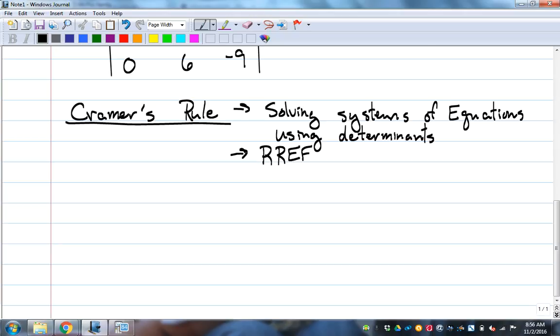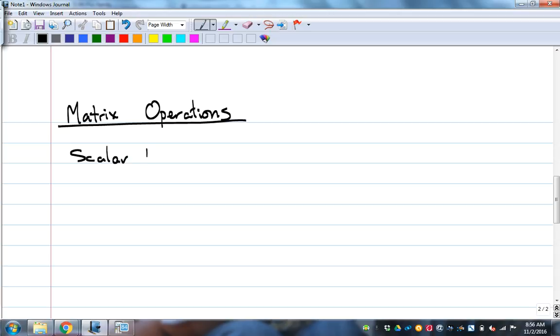All right. Now let's look at some matrix operations. Really, really easy stuff. The first one we'll talk about is scalar multiplication. It's kind of like the distributive property.